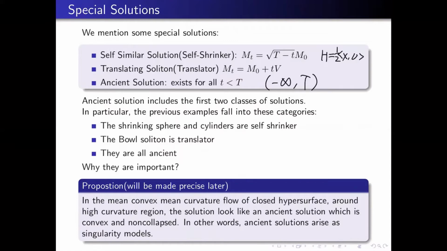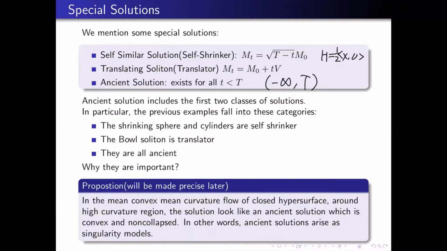Our previous examples actually fall into these categories. For example, the shrinking sphere and cylinders are self-similar solutions, and the bowl soliton is a translating soliton. And of course, they are all ancient solutions. So why are they important?